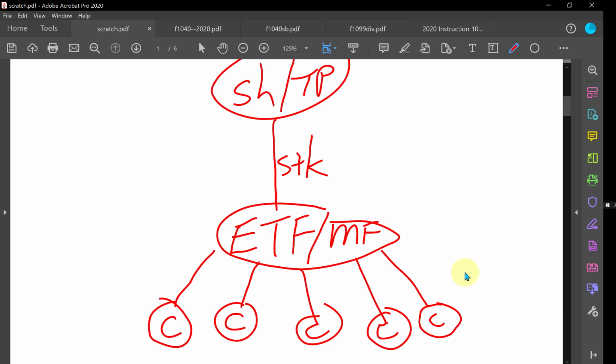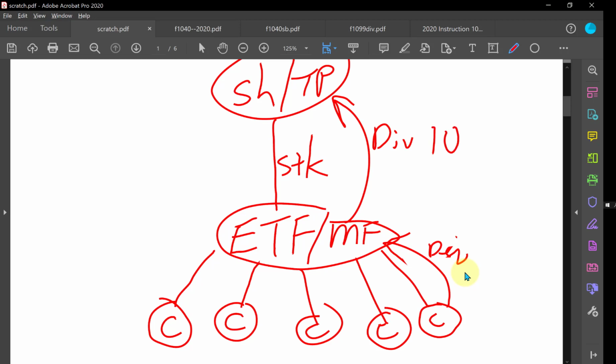like technology. Now, when these corporations pay dividends to the exchange traded fund, in turn, the exchange traded fund will pay dividends to the shareholder, and that's going to be taxable, reported on that 1099 DIV as ordinary dividends and qualifying dividends.